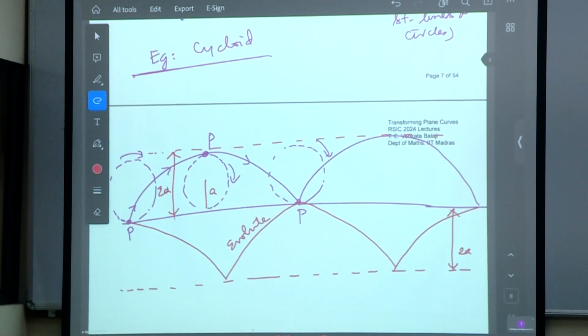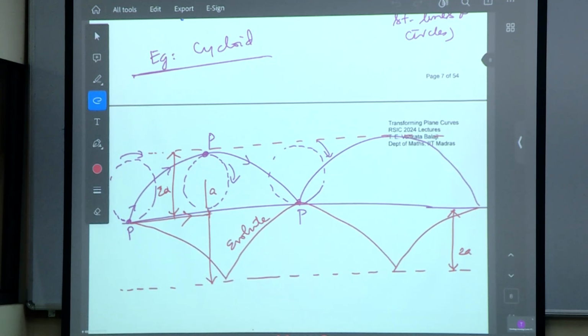You push it to the right by this distance, which is half this distance, and then you push it downward by 2A. If you make these two translations, you will get this evolute. So the evolute of a cycloid is again a cycloid. And what about the involute? That's also the same cycloid.